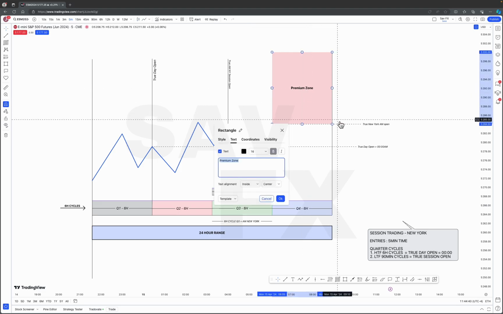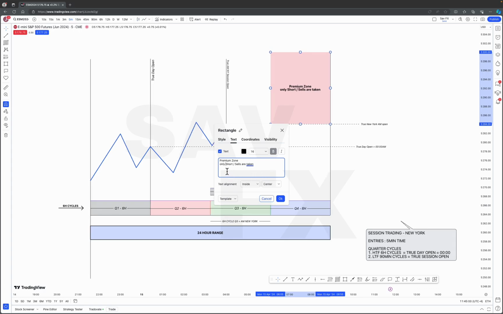That is your premium zone. And premium shorts or sells are taken.